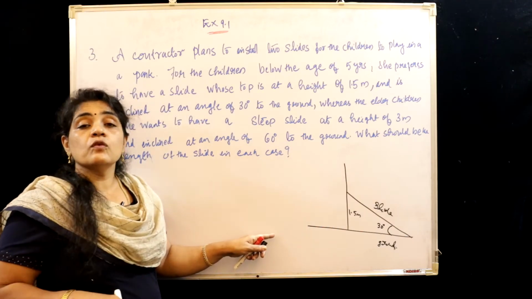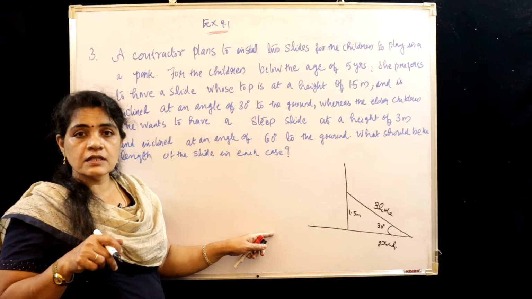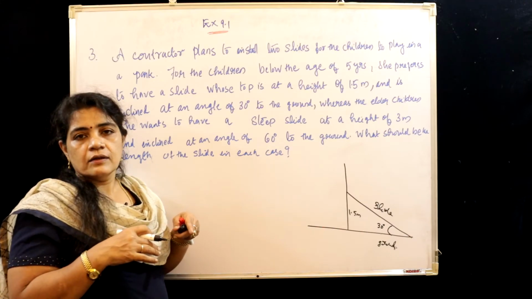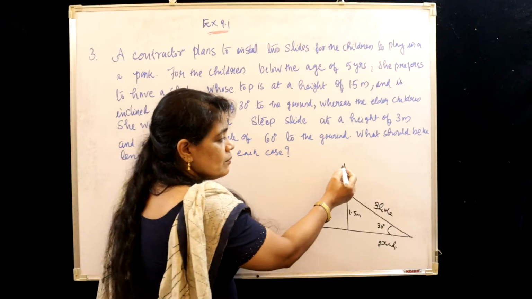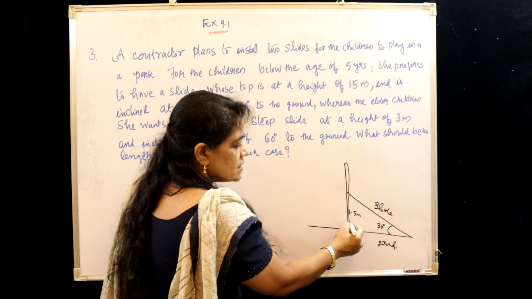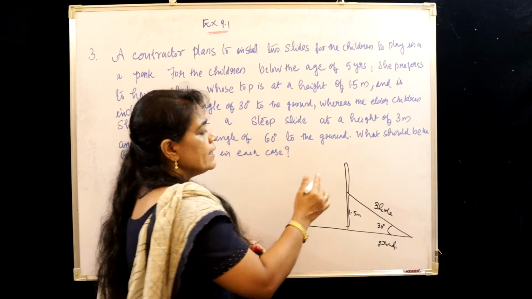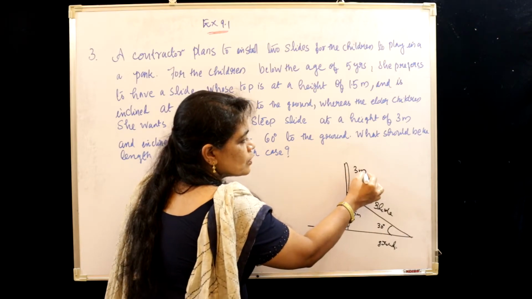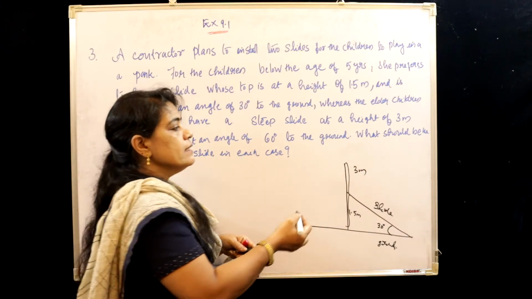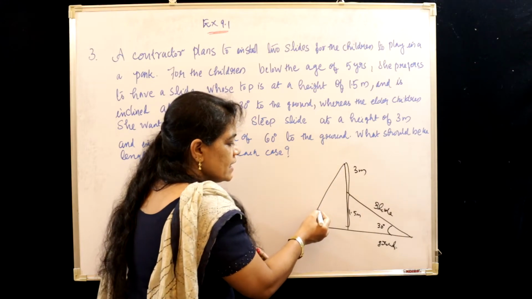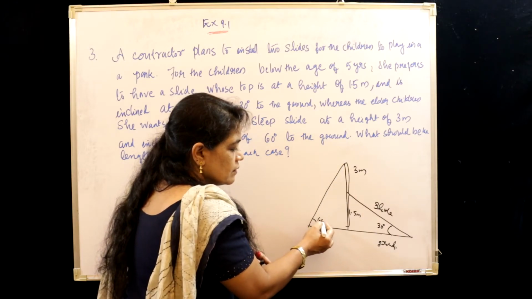And for the elder ones, she prefers a steep slide at a height of 3 meter. So this is the height where the 2 slides are going to be installed, and it has 3 meter for the elder ones, and that slide makes 60 degree with the ground.